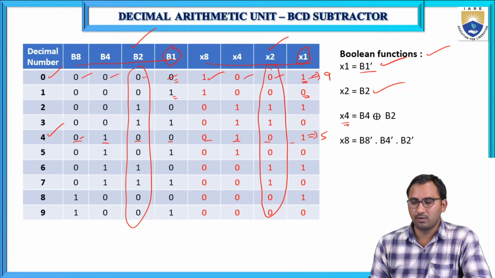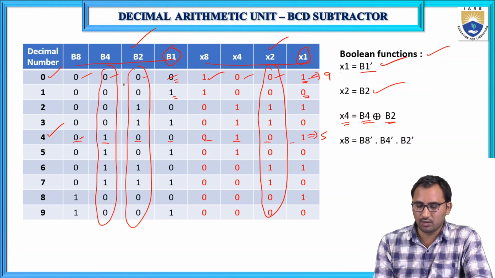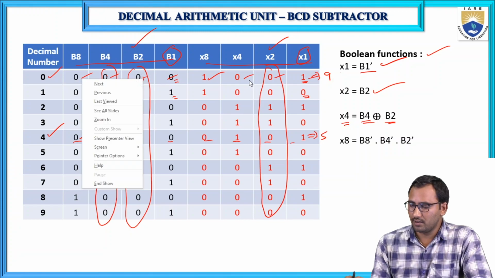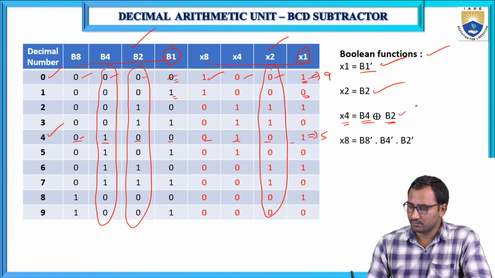Next, x4 is the XOR operation of b4 and b2. And x8 is an AND operation on the complement of b8, b4 bar and b2 bar, and it gives the x8 value.